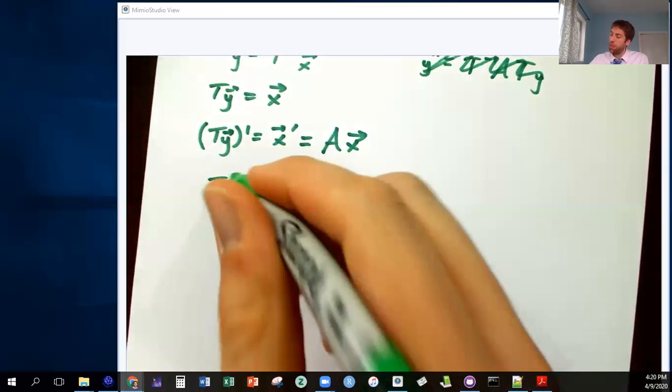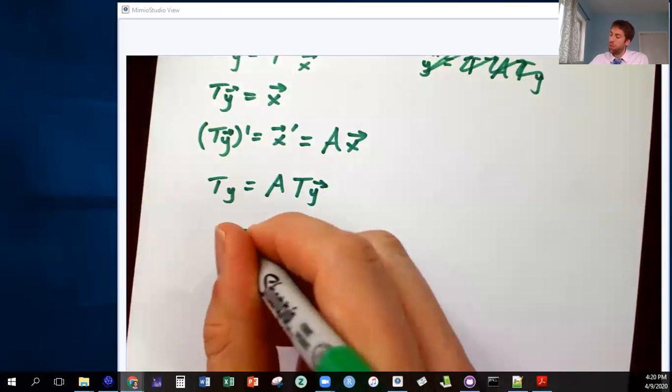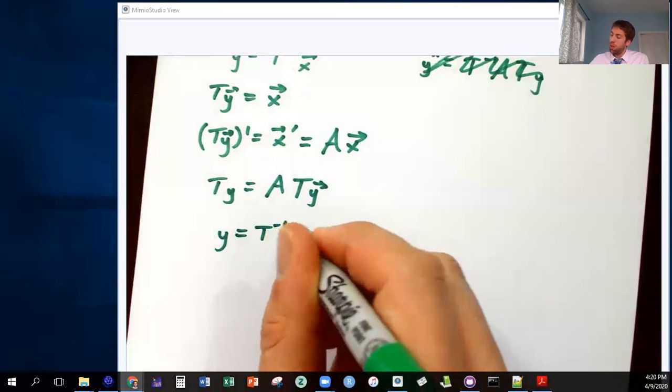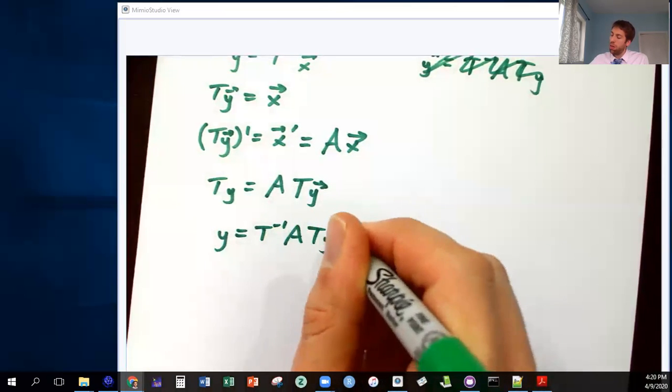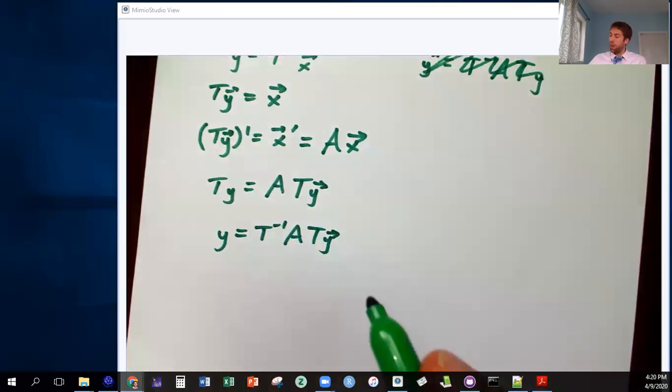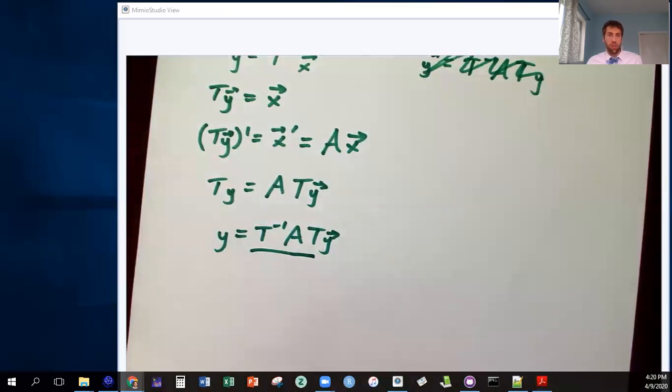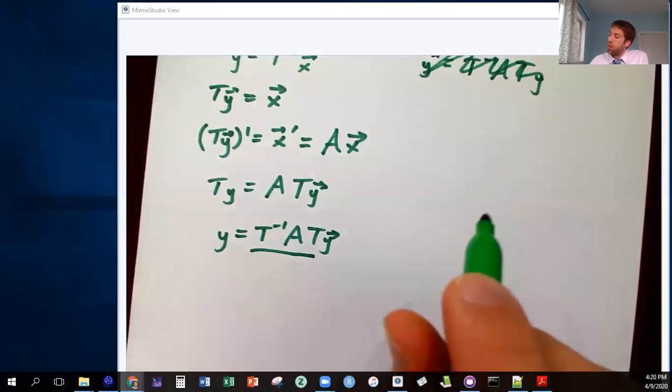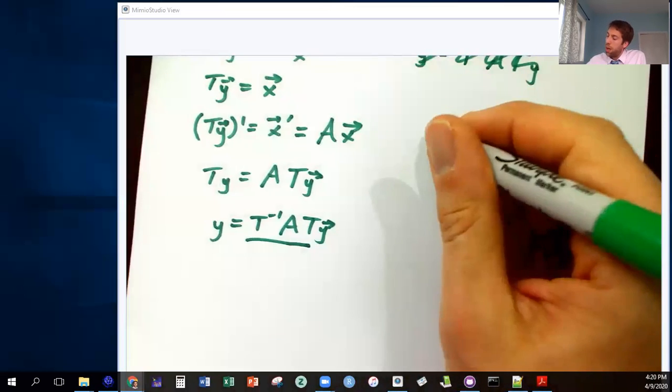So then multiply by T inverse on the left, you get y prime equals T inverse A T y. But this thing is a diagonal matrix. So instead of being a system, it's just two different variables that are completely independent of each other. And so then you know how to solve that system really easily.